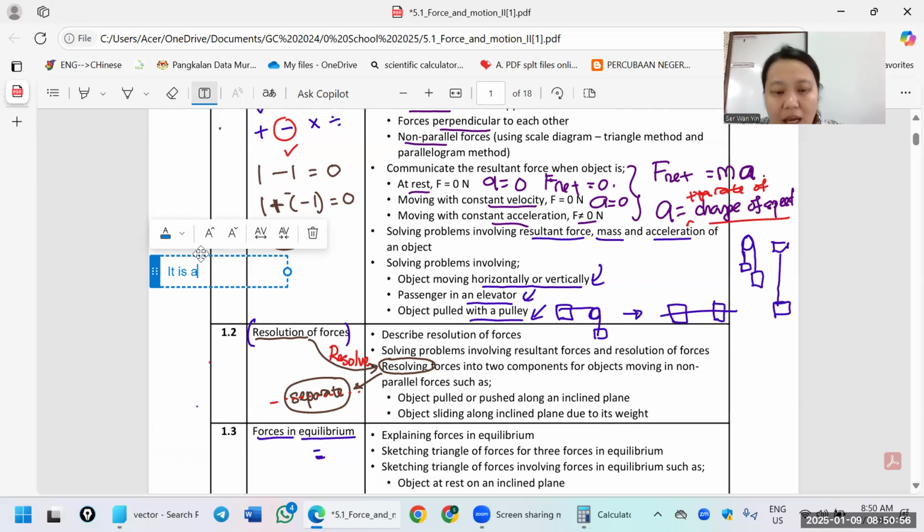It is a process which separates, or we say resolves, one force into a horizontal component and a vertical component.